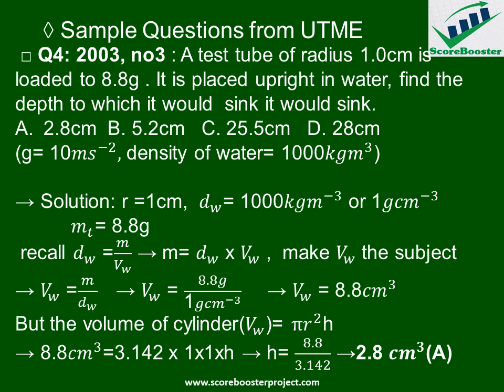When we substitute, that gives us 8.8 equals pi, which is 3.142, times r square, which is 1 square, it can be written as 1 times 1, then times h, which is unknown. Then we make h the subject by dividing through by 3.142 to get h equals 8.8 divided by 3.142, and that will give us 2.8 centimeter, making option A the correct answer for this question.